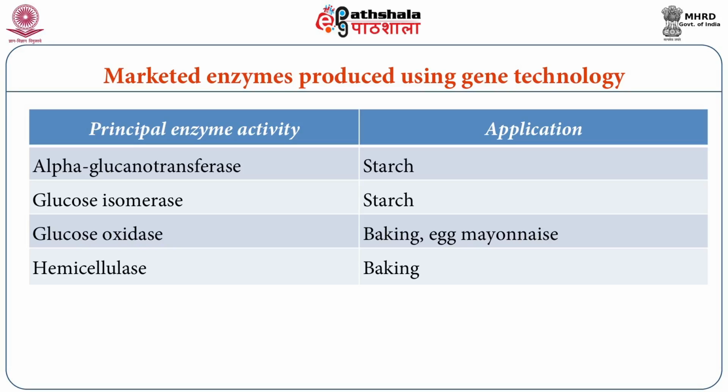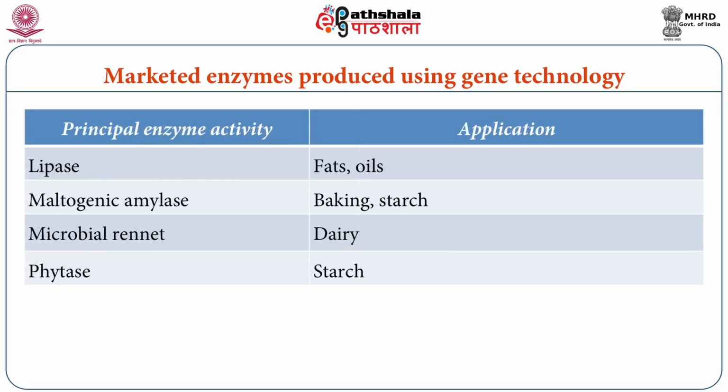So, continuing with the marketed enzymes, the principal enzymes lipase are highly applied for modification of fats and oils to get specific chains of fatty acids, to get desired fatty acids which can have many beneficial usage like health benefits.